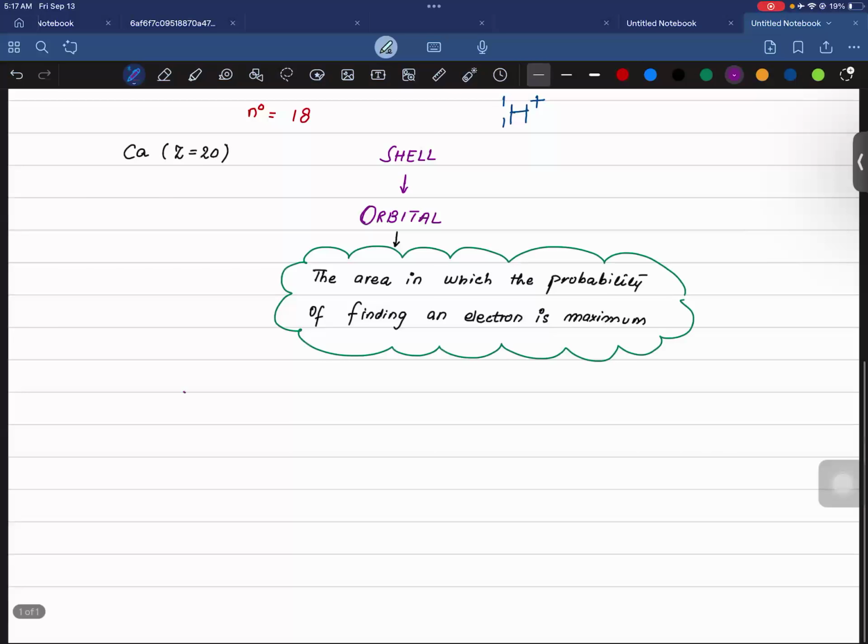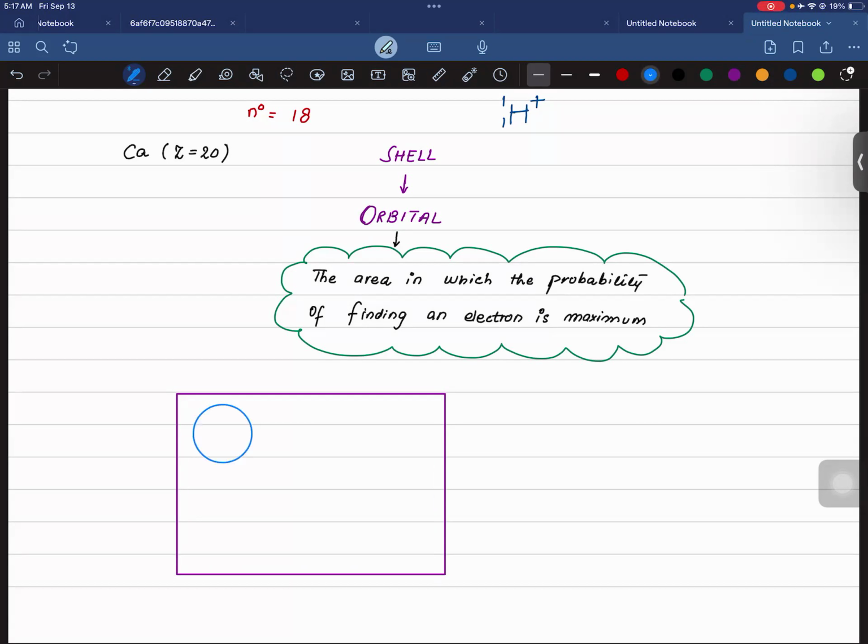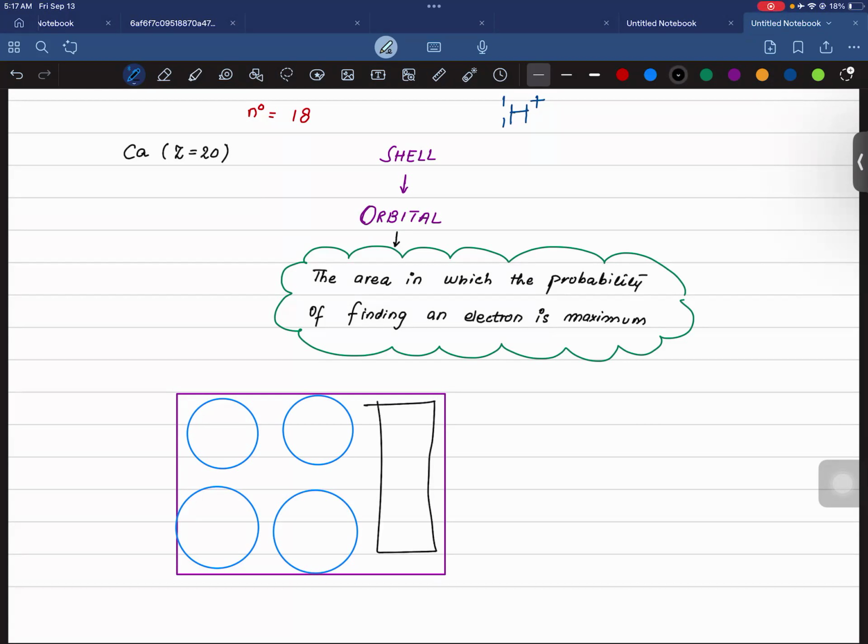Basically, let's suppose this is your home, and these are different rooms: room 1, room 2, room 3, and room 4.